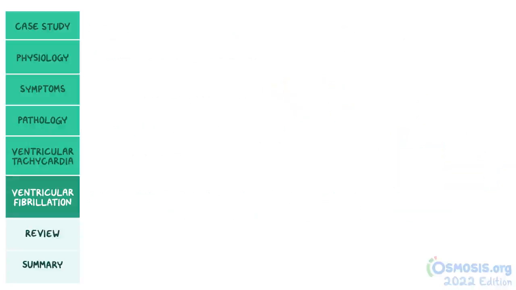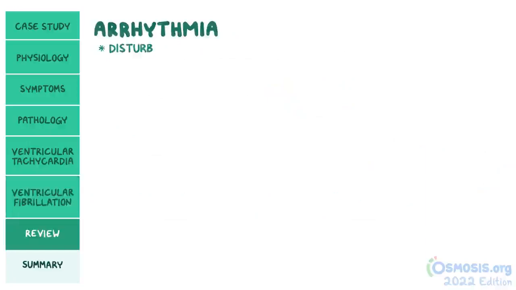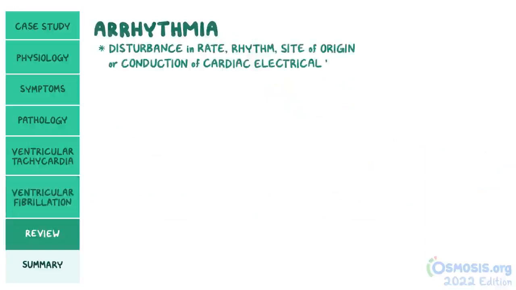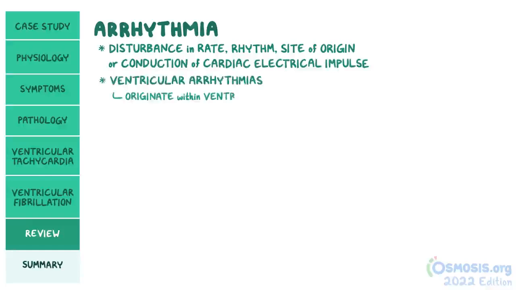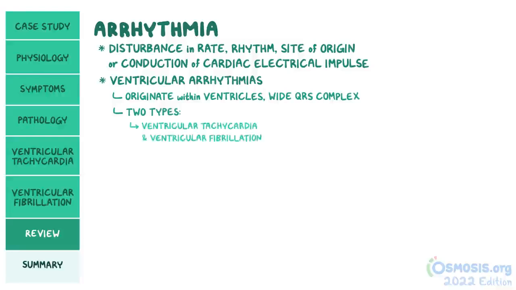Alright, as a quick recap, an arrhythmia is any disturbance in the rate, rhythm, site of origin, or conduction of the cardiac electrical impulse. Ventricular arrhythmias are those that originate within the ventricles and have a wide QRS complex on ECG. These two types of ventricular arrhythmias are ventricular tachycardia and ventricular fibrillation.